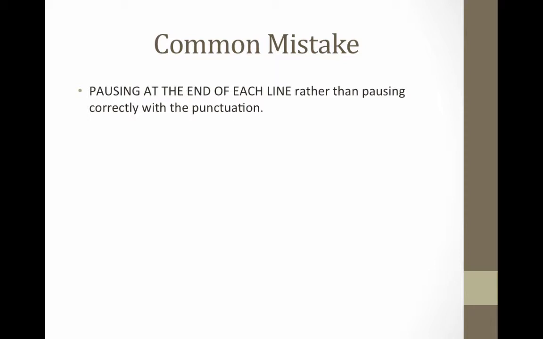Another example of this, where this happens very, very often, is in works such as Shakespeare, because his plays were written essentially as extended poetry, and so people tend to pause at the end of the line because there's a natural break there, and our brains are trained to pause and move on to the next line. However, there is no punctuation there, and so we should continue reading out loud.